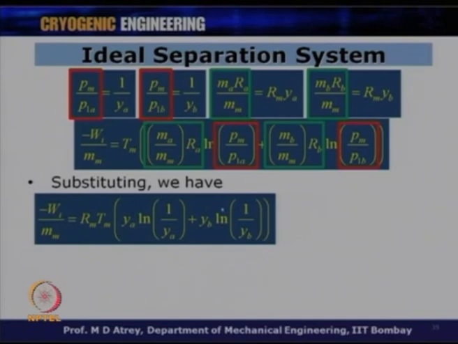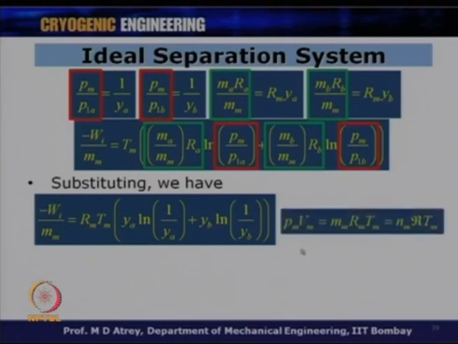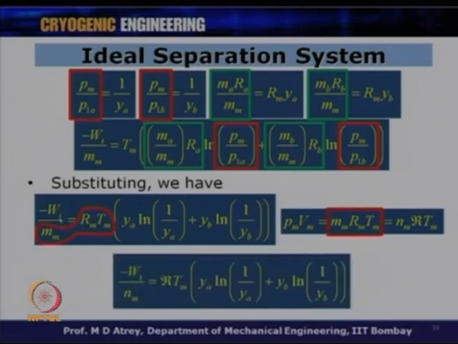The expression looks very simple now. I got Rm, the mixture temperature Tm, and Ya log 1 upon Ya plus Yb log 1 upon Yb. Where PV is equal to RmTm and mm here, if I want to convert it to the molar form, I can write the work of separation per mole of gas mixture, Wi by Nm, and here immediately the universal gas constant will figure.